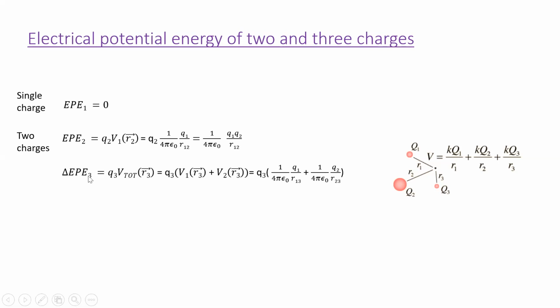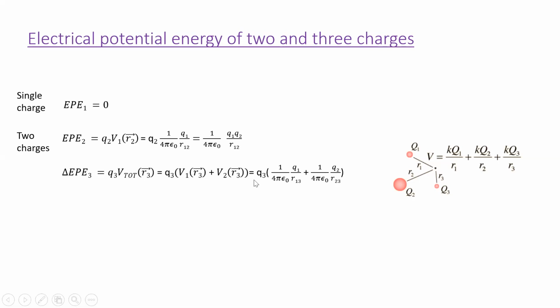So we would say that the change in the electric potential energy is going to be charge 3 times the total electric potential at the location of charge 3, which will be charge 3 times the electric potential of charge 1 plus the electric potential of charge 2 at the location of charge 3.